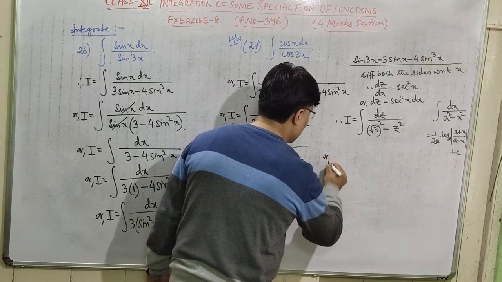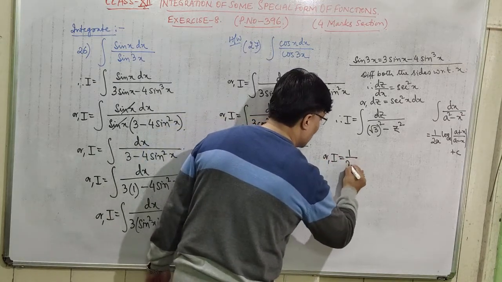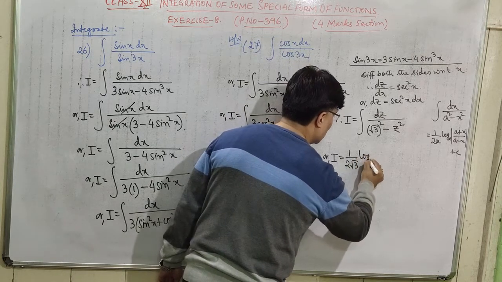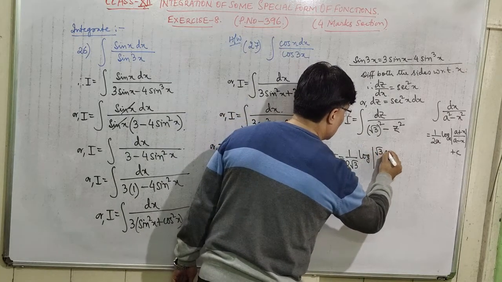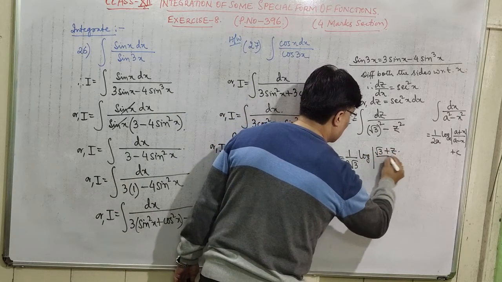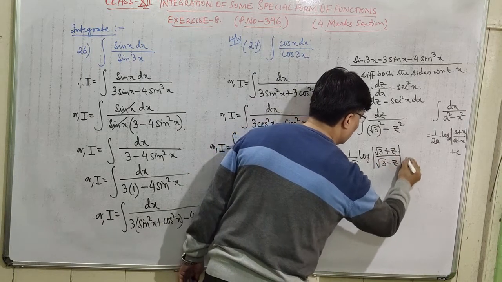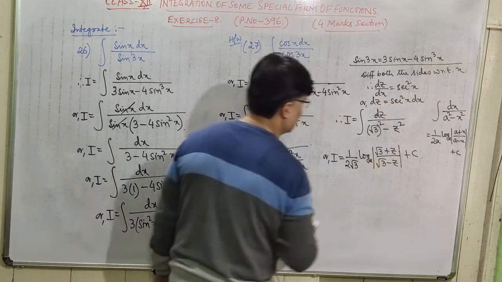So what is the formula that you can use here? I is equal to 1 by 2 into a, meaning root 3, then log within mod, what is a plus x? Root 3 plus z. What is a minus x? Root 3 minus z, mod sign closed, plus c. And here the base is e.